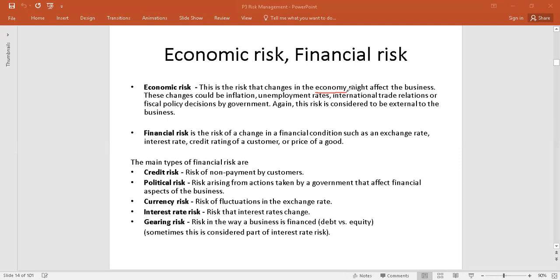These changes could be because of inflation. Certain examples are mentioned here: inflation, unemployment rates, international trade relations. Everybody in the economy gets affected by that. It is not just subject to one industry, one type of business or a firm in the industry. Because it is at the economic level, the entire economy gets affected.